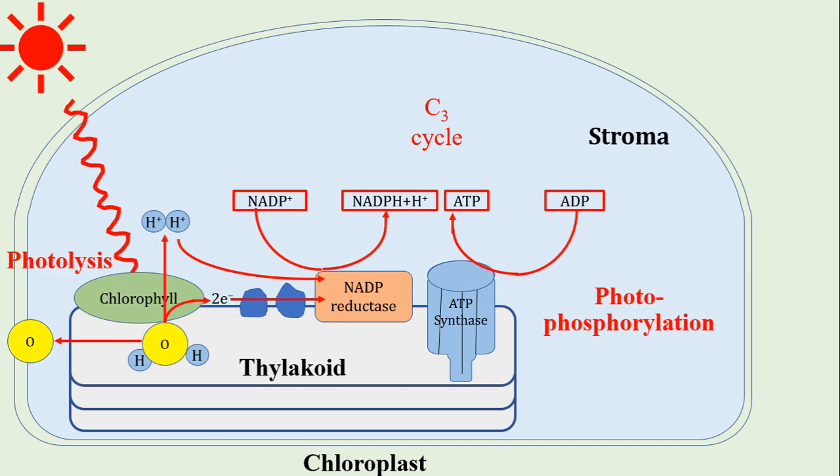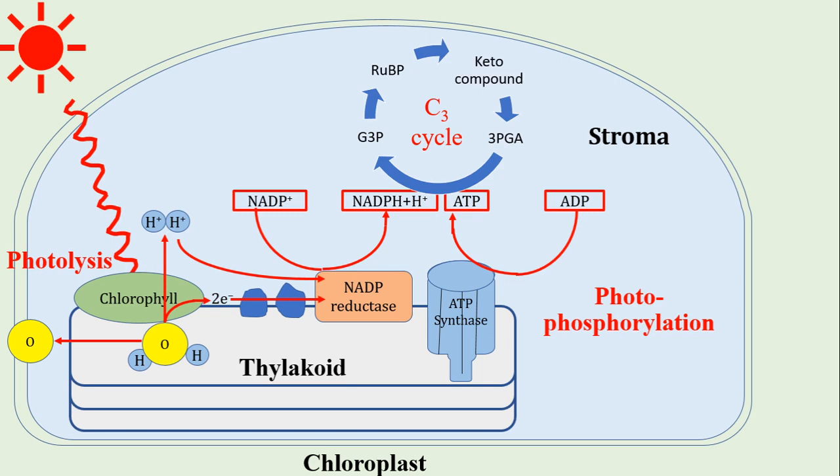They follow either the C4 cycle or the CAM cycle. We will discuss about them later. But what are we saying? That the energy of ATP and NADPH is used in the C3 cycle to produce glucose.